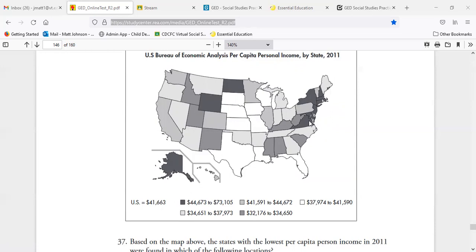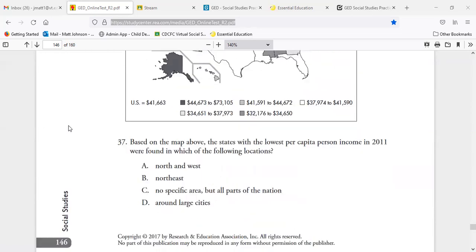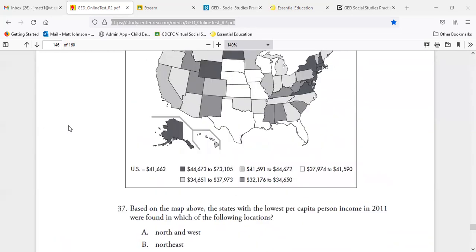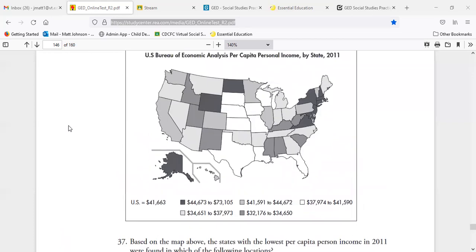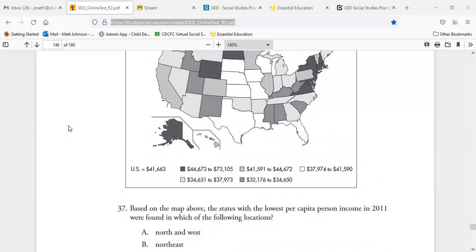Nautica, are you there? Yes. Lowest per capita personal income. The lowest. Let me see. That'll be 34. So 32.